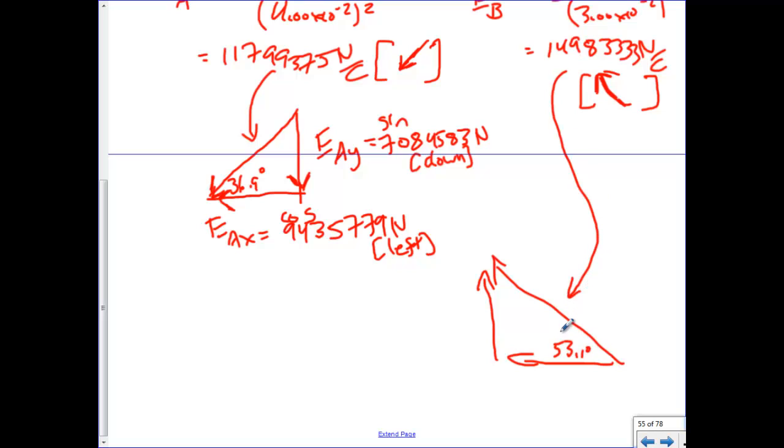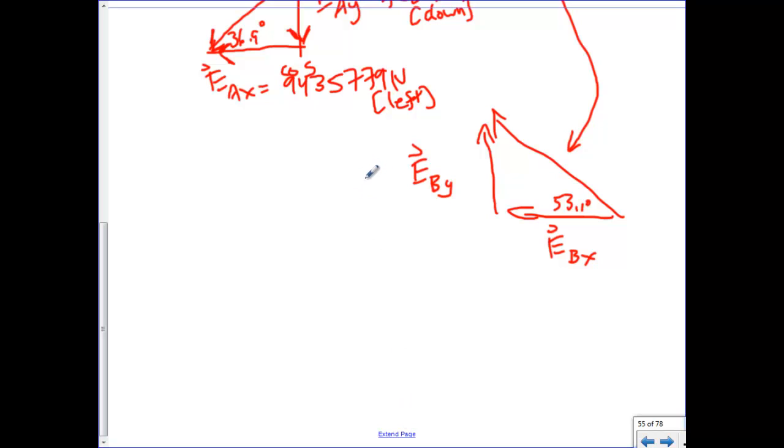That guy's the hypotenuse. So same thing, I now need to find, I should put vectors on top of these, the field strength for B in the y direction, and the field strength for B in the x direction. So again, this guy will be sine and this guy will be cosine.